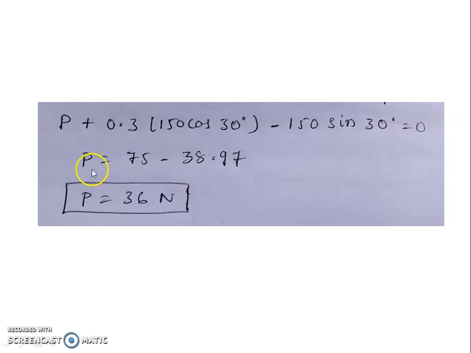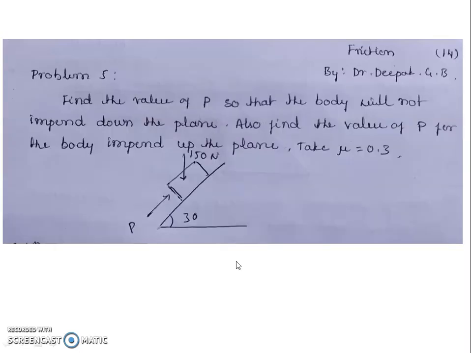Then if I substitute, the equation reduces and P is equal to 36 Newton. If I apply P of 36 Newtons, then my block won't move downwards and it will stand in this position itself. I need 36 Newtons of upward force to hold this block on this inclined surface with an angle of 30 degrees with the horizontal.